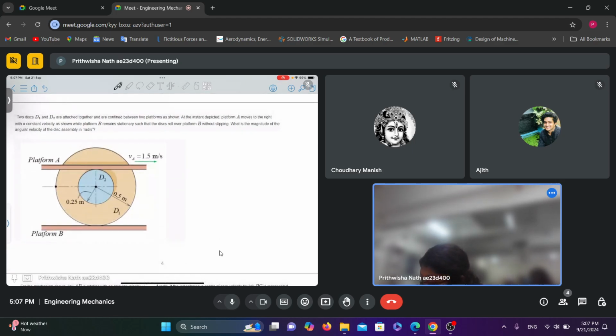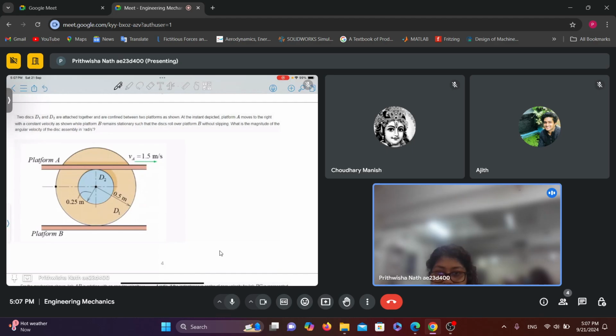In this problem, two discs D1 and D2 are attached together and are confined between two platforms as shown. At the instant depicted, platform A moves to the right with a constant velocity as shown, while platform B remains stationary, such that the discs roll over platform B without slipping. What is the magnitude of the angular velocity of the disc assembly in radians per second? Only platform A is moving, platform B is stationary, and the disc rolls without slipping.